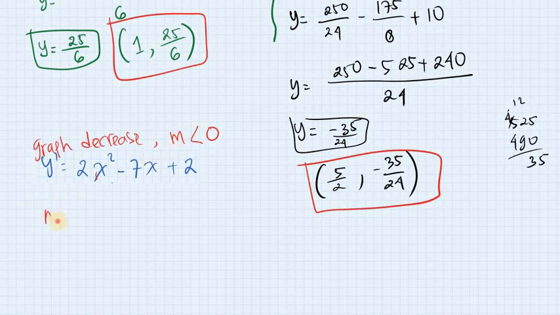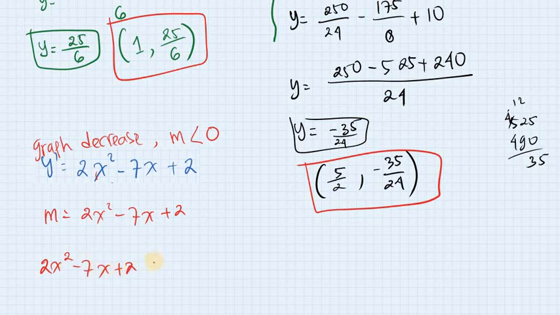M is equal to 2x squared minus 7x plus 2, and this should be less than 0. Okay, so m is less than 0. So 2x squared minus 7x plus 2 should be less than 0.